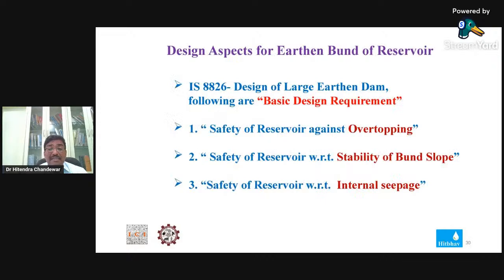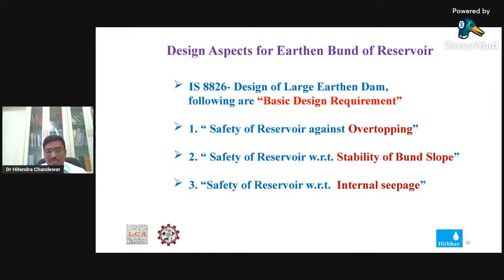And another thing is that now we come to the design of the earthen bund. The basic design requirement is that your earthen bund should be safe against overtopping. It should be safe with regard to stability, that the bund slope shall be stable enough, and there should be an arrangement to dissipate the internal seepage.